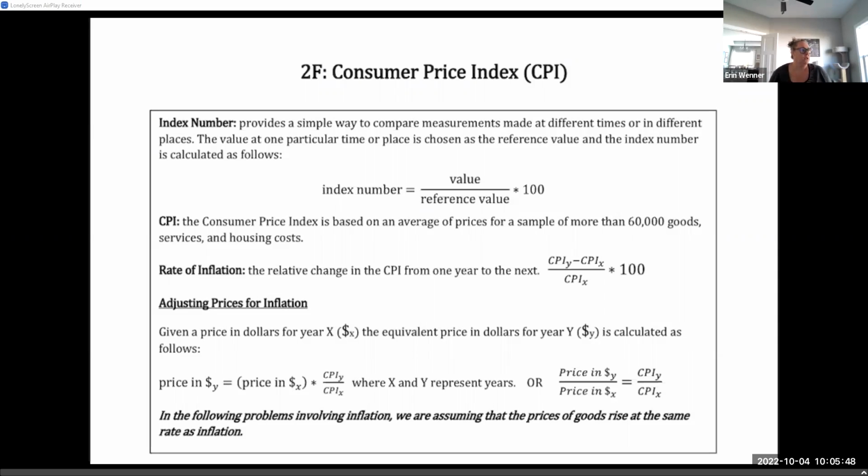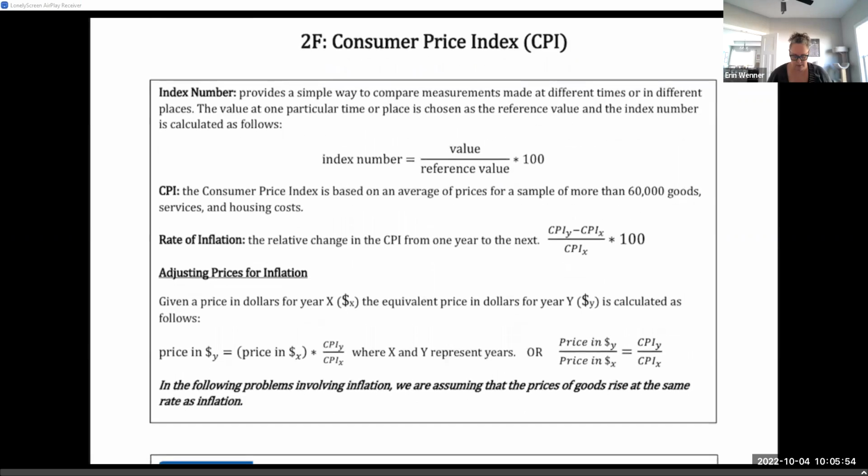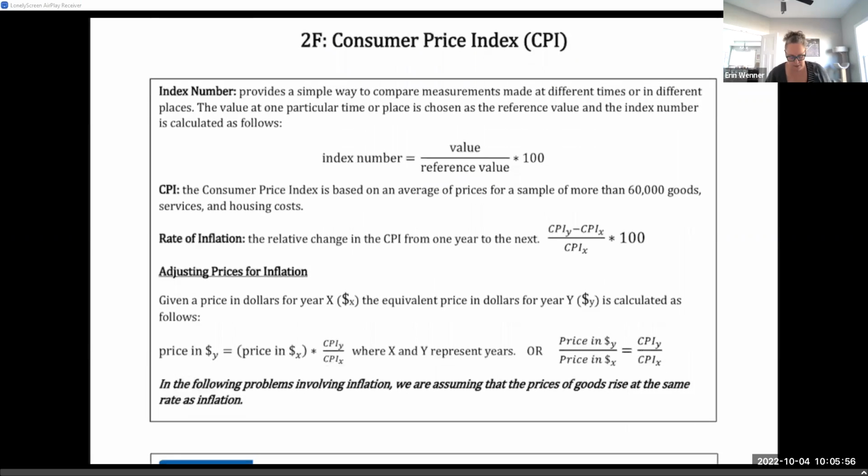So if we look at our box here, we have an index number, which provides a simple way to compare measurements made at different times or in different places. The value at one particular time or place is chosen as the reference value, and the index number is calculated as follows. So you've got your index number is equal to your value over your reference value times 100.